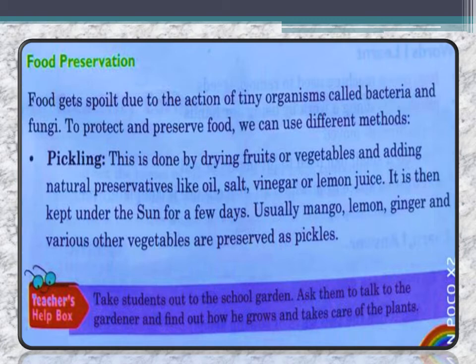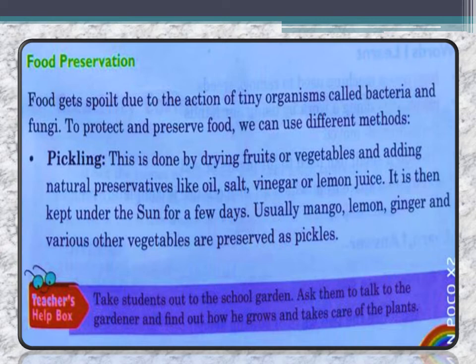So how does your mother make pickles? First, she will dry the fruits or vegetables. And she will add oil, salt, vinegar or lemon juice. These things are added. Then the material will be kept under the sun.